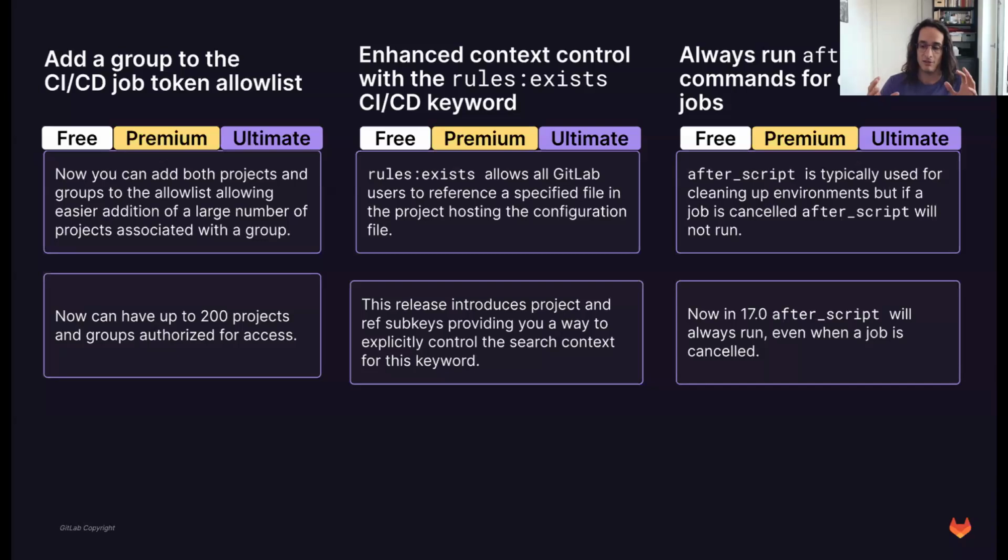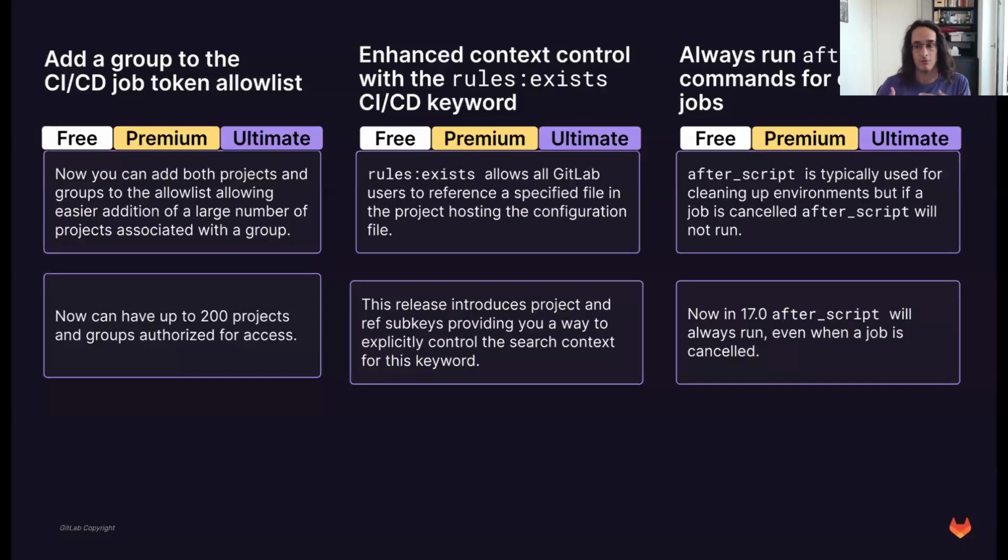What I'm talking about here is that up until this point, you have been able to reduce the number of, or increase, whatever way you look at it, so basically set up which projects' CI/CD pipelines can access your project inside GitLab. And it was always on a project by project basis.